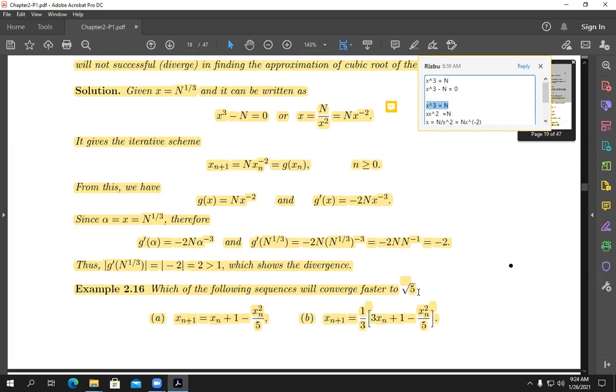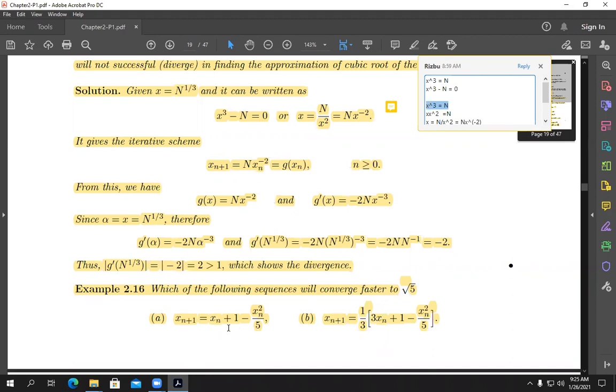So how can you say it converges faster, please? When the derivative equals 0, it means very, very fast, right? I told you, if the derivative of g goes away from 0 toward 1, it becomes slower. So you have to take the derivative of this one and the derivative of this one at alpha equal to root 5, and then check which gives you the smaller value.